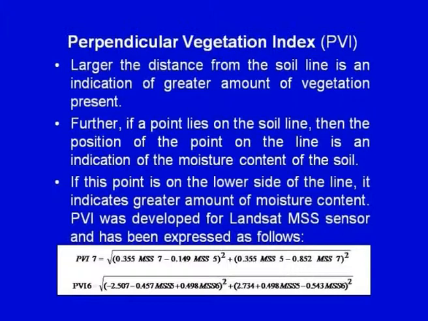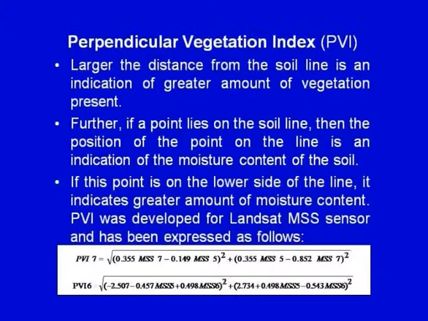PVI 7, which takes the relationship between MSS 7 and MSS 5, is expressed as the square root of (0.355 multiplied by MSS 5 brightness values minus 0.149 multiplied by MSS 7 brightness values) whole squared, plus (0.355 multiplied by MSS 7 brightness value minus 0.852 multiplied by MSS 5 brightness value) whole squared. Another index, called PVI 6, uses the MSS 6 band along with MSS 5.